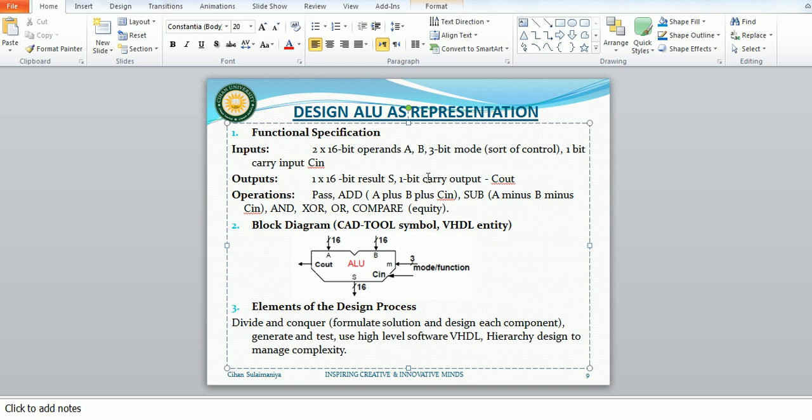Every addition should have a carry out. So what are the inputs? The inputs are two operands, A and B. What is the output? A 1-bit output. So that's the question, and this is the solution.